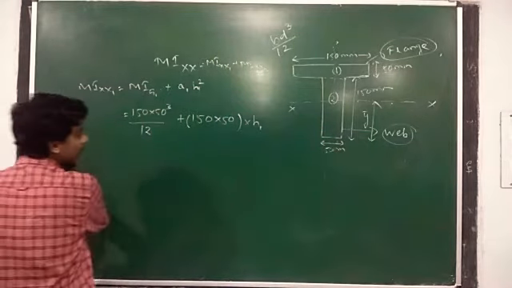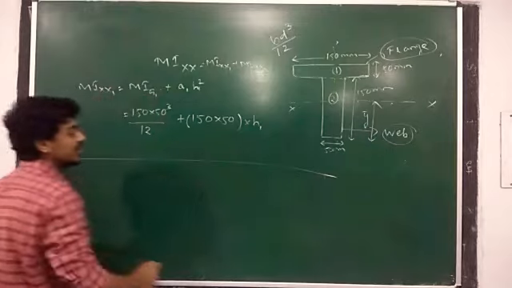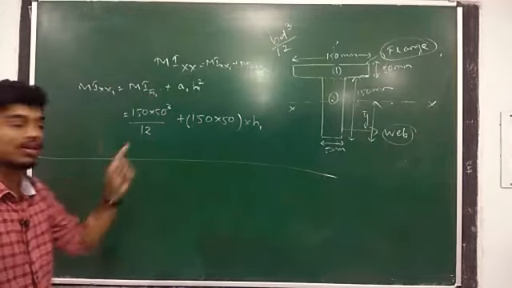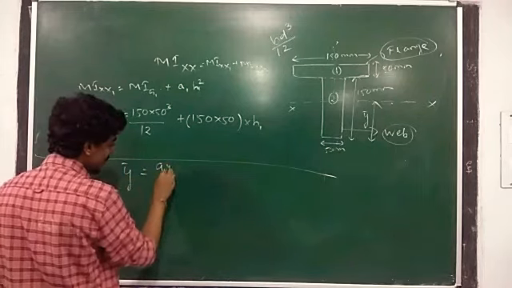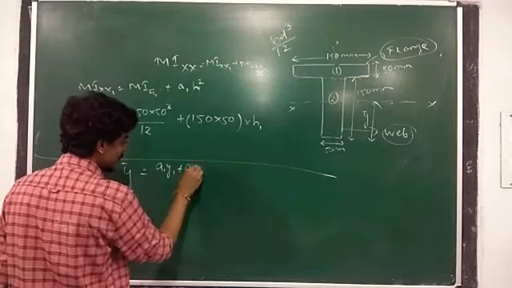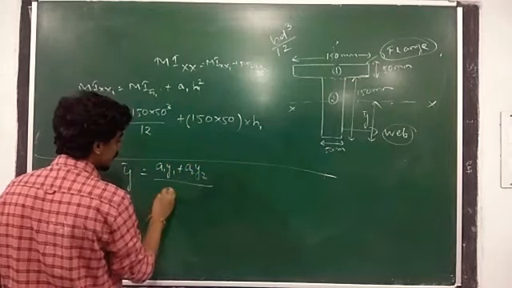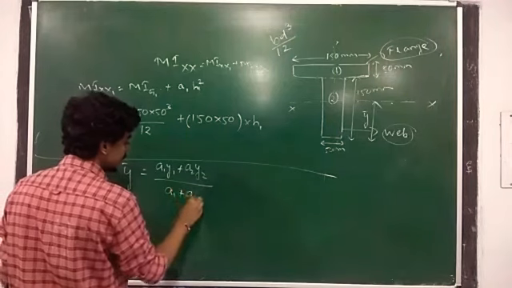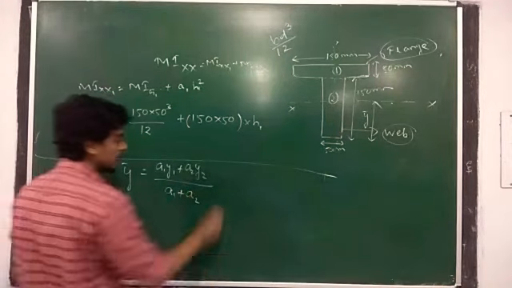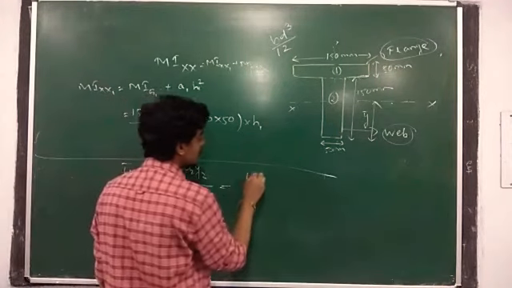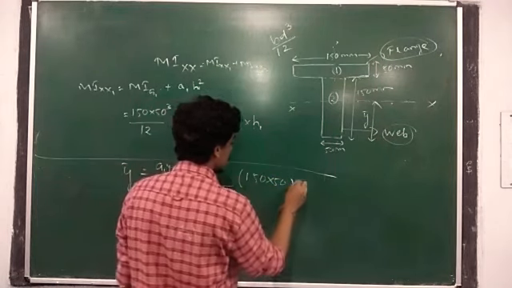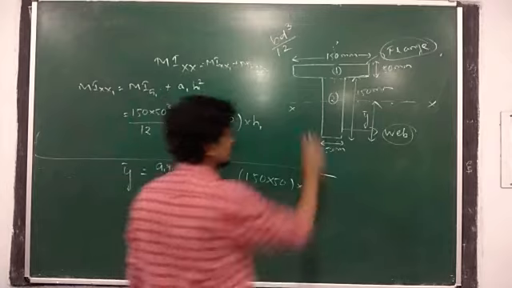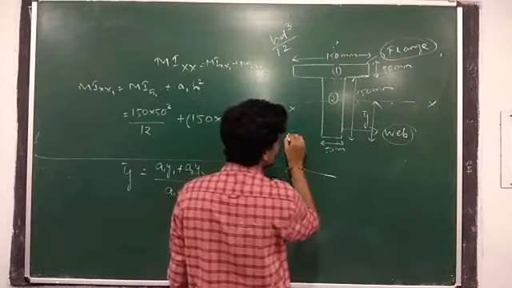That is the question. So I keep the problem here only. Now I want to calculate y bar. So y bar equal to A1 Y1 plus A2 Y2 by A1 plus A2. So what is A1 here? A1 means 150 into 50 into y1. Y1 means central distance to these two axes of reference.